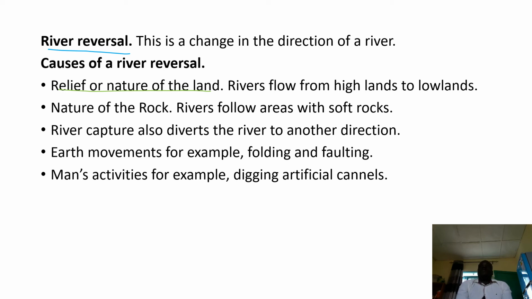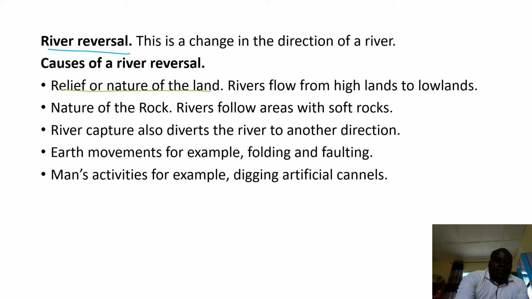If a powerful river is flowing eastwards and it captures a weak river which used to flow northeast or southwest, definitely it will force the weak river to follow the direction of the main river. The main river will force the weak river to join its direction because it is a captive.